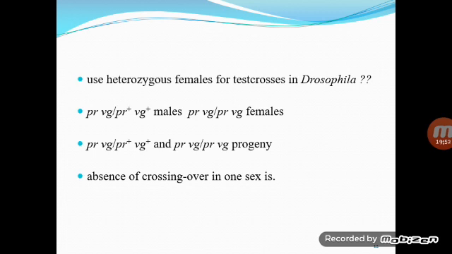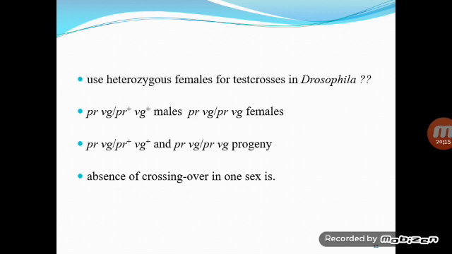This result shows that there is no crossing over in Drosophila males. So that's why the results recovered are different. No recombination is there.